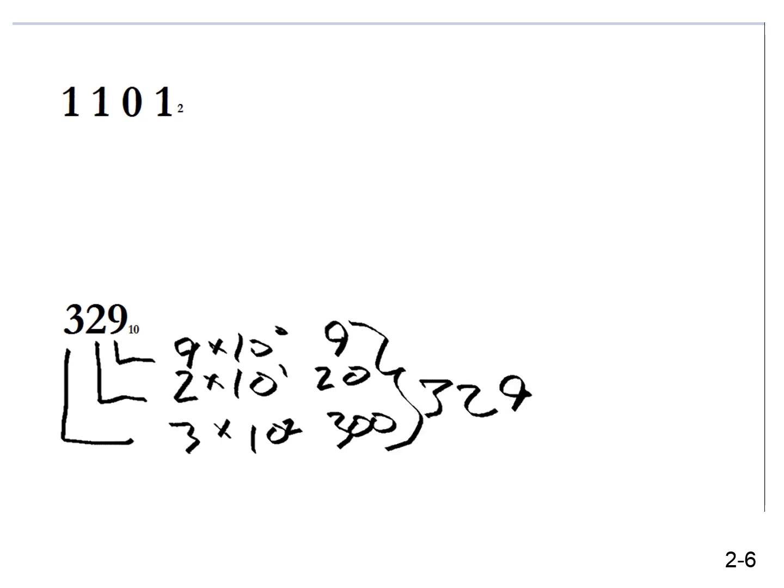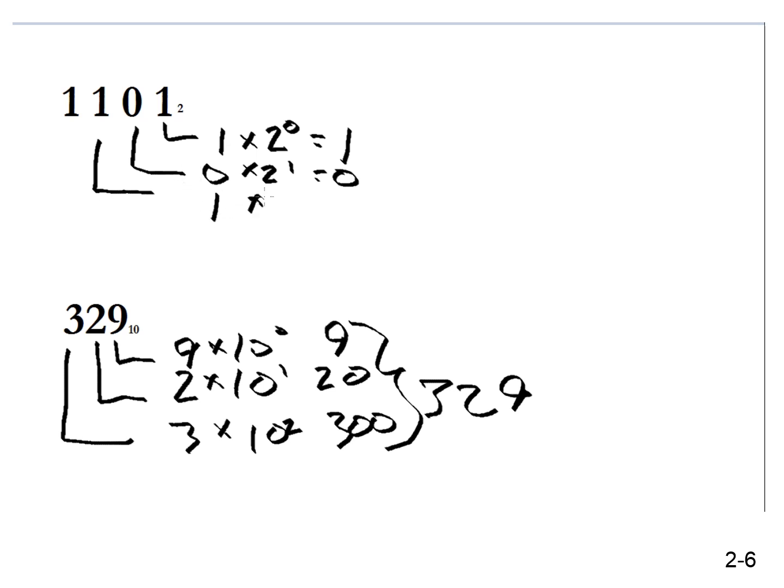So let's come up here, take a look at our base 2 number, right? We've got 1 times 2 to the 0. Anything to the 0 is 1, so we've got a 1. We've got 0 times 2 to the first. 0 times anything is 0. We've got 1 times 2 squared.